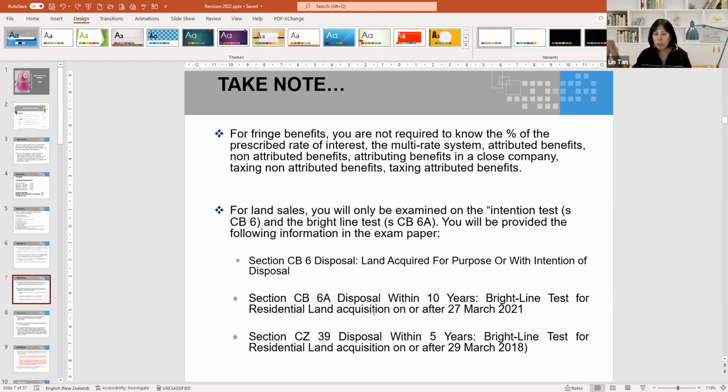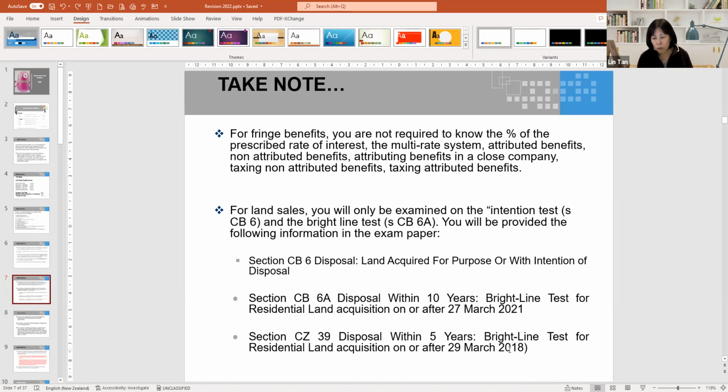And that is for property bought on or after 27 March 2021. And you'll be given the older section, CZ39, which refers to disposal within 5 years of acquisition. And that is for those properties bought on or after 29 March 2018.